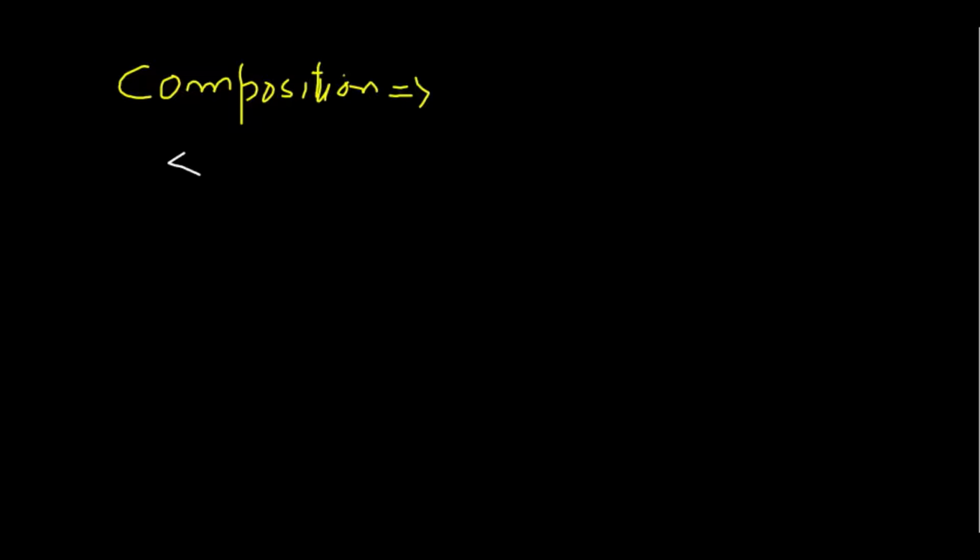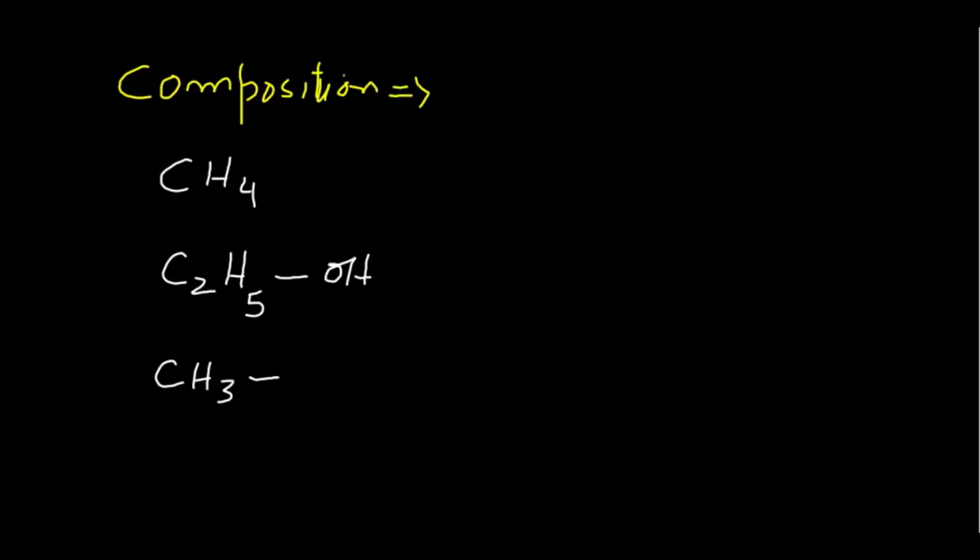Dear students, if we write the structure of some organic compounds, for example, methane CH4. Similarly, we have ethanol, C2H5OH. Ethanoic acid or acetic acid, CH3COOH. Similarly, we have acetone, CH3COCH3. These are some organic compounds.